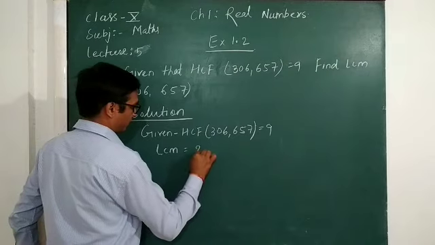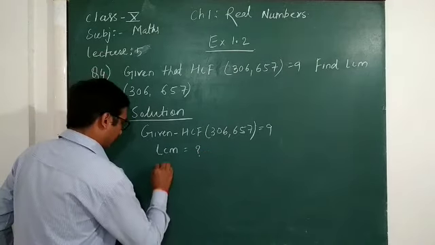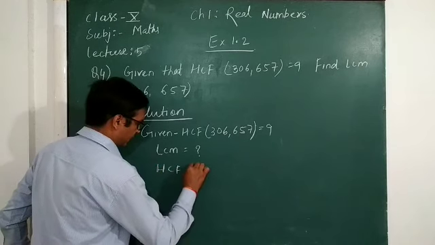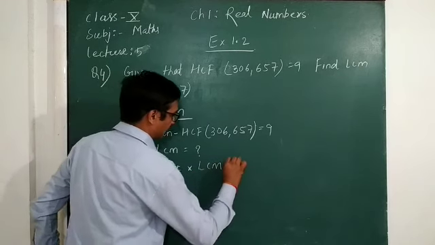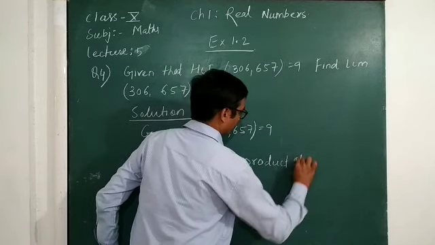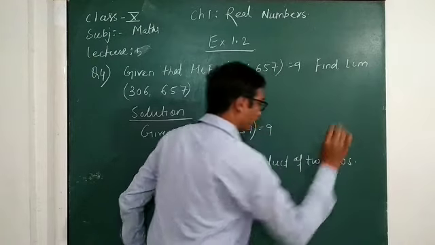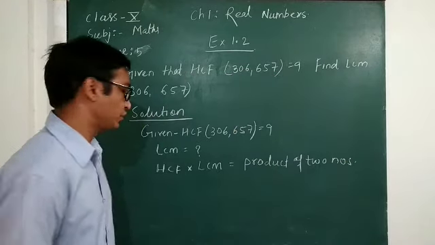LCM we have to find out. So we know the identity that HCF into LCM is equal to the product of two numbers. We have done this in the previous lecture.